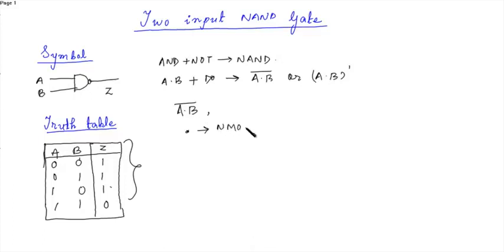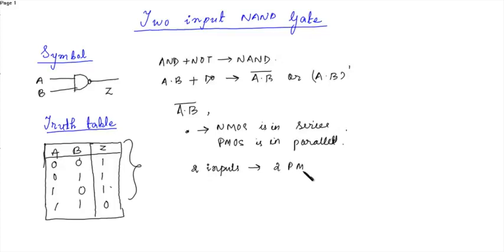So the NMOS is in series and the PMOS is in parallel. Okay, now there are two inputs. Since there are two inputs, we need two PMOS and two NMOS.